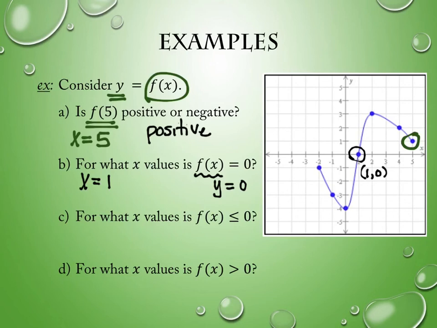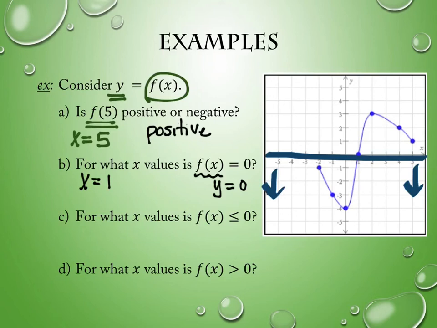C. For what values is f of x less than or equal to 0? What does less than or equal to 0 mean? That it's negative. So everybody good with that? Negative values. So on my graph, everything that is below the x-axis would be negative values, right? So all of this is negative y values. Everybody good with that?